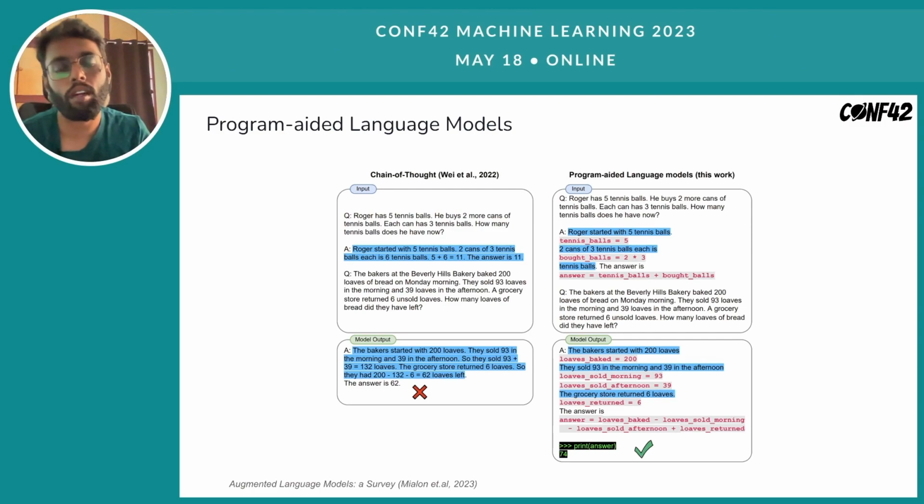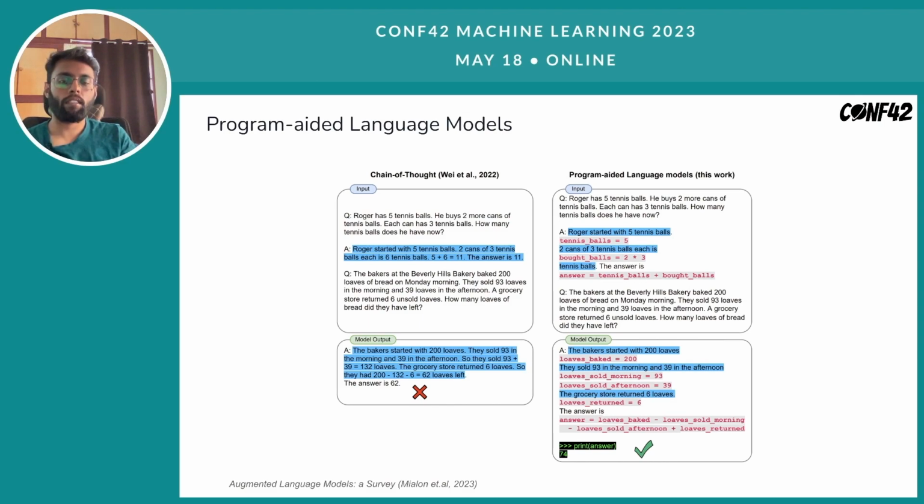This way they have converted that to a Pythonic solution. So for a new problem, based on the examples in the few-shot prompt, the model generates a similar Python program, deducing the question and then coming up with the final answer.